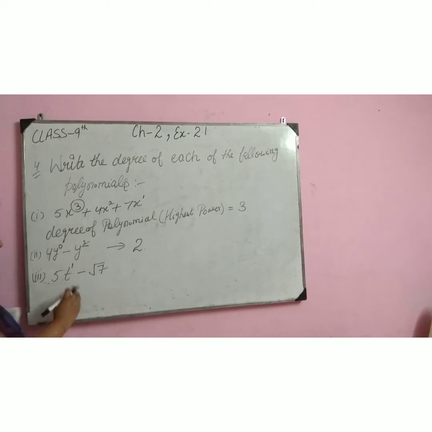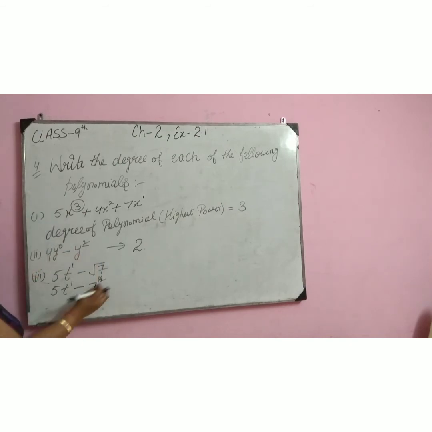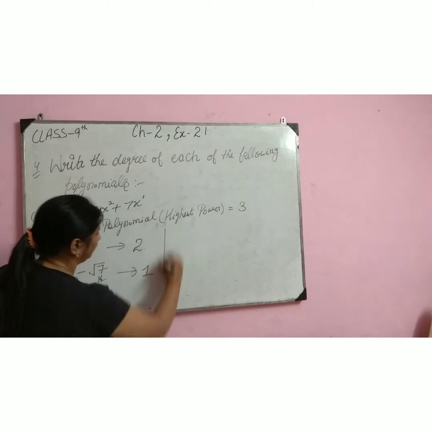The root 7 can be simplified as 7 to the power 1 by 2, but t has degree 1. We consider variable degree only, not a number. By default, 1 is greater than a half, but it is not so every time. So the variable degree is 1, so the highest degree is 1.